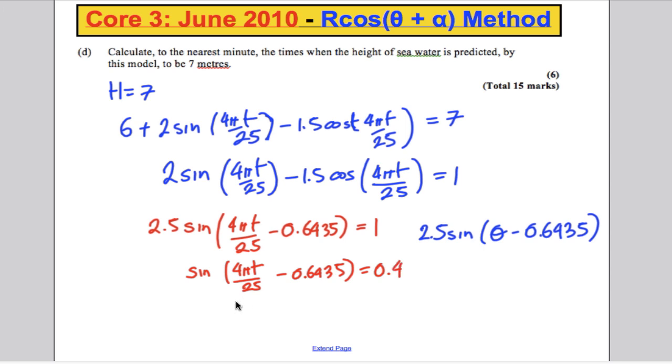I can take inverse sines of both, so 4 pi t over 25, subtract 0.6435 would be the inverse sine of 0.4. And you better do this in radians. Inverse sine of 0.4 you get equal to 0.4115.